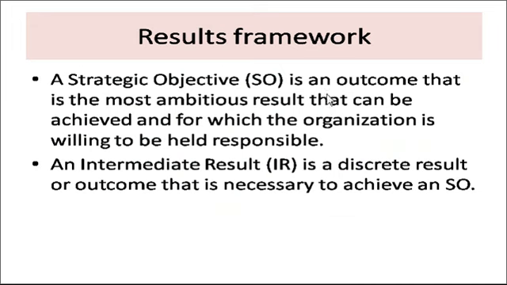So, a strategic objective is an outcome that is the most ambitious result that can be achieved, and for which the organization is willing to be held responsible. So these are the broad objectives, and an intermediate result is a discrete result or outcome that is necessary to achieve a strategic objective.